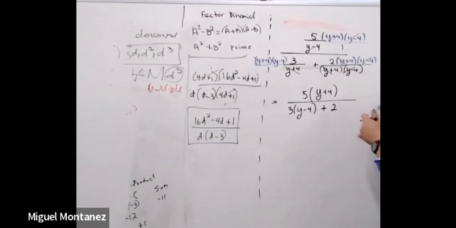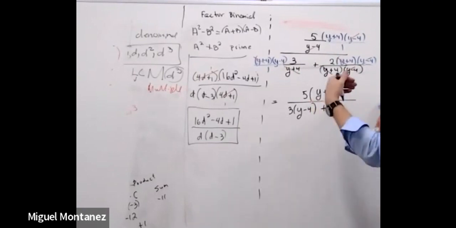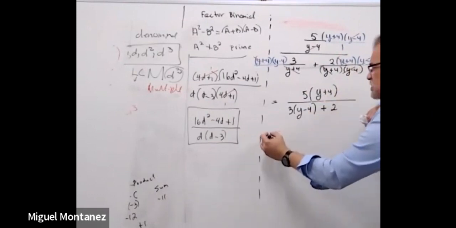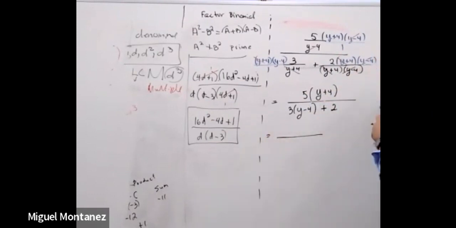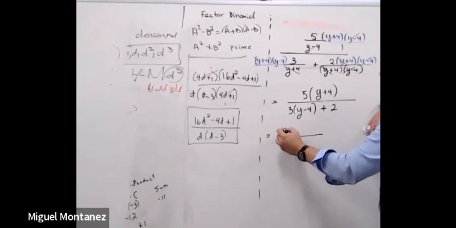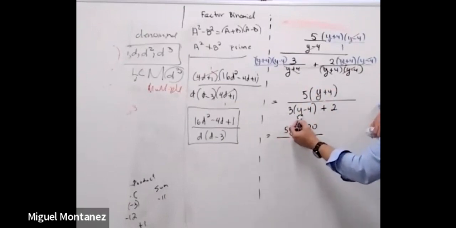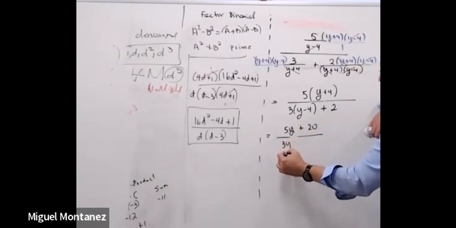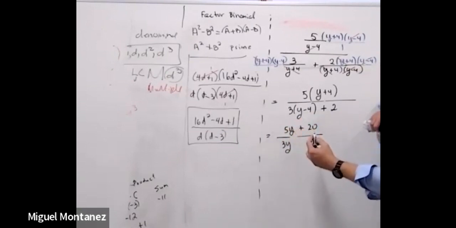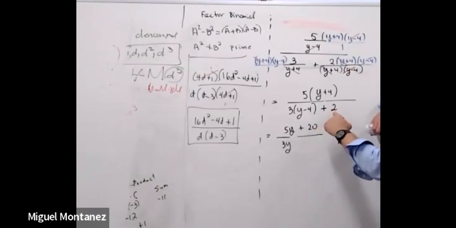So there's not much to do other than breaking the parentheses and seeing if something simplifies. Most likely nothing will simplify. So let's see what we have. 5 times y, of course, 5y plus 20 over 3 times y, that is 3y. 3 times negative 4, that's negative 12.